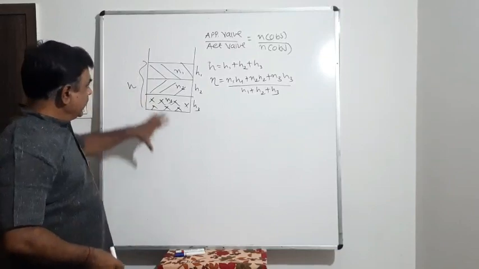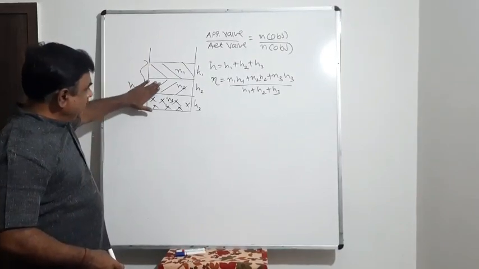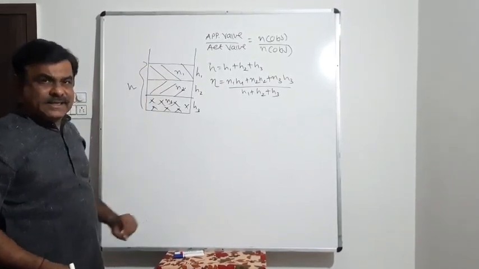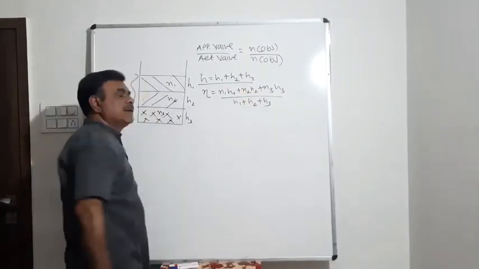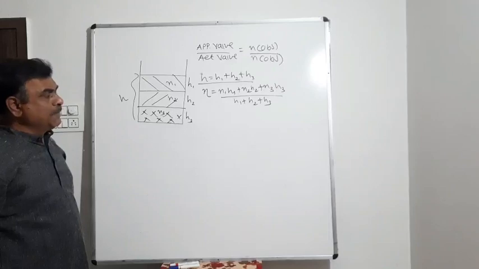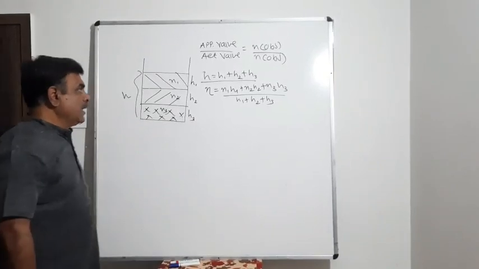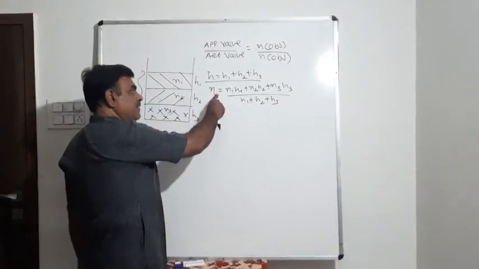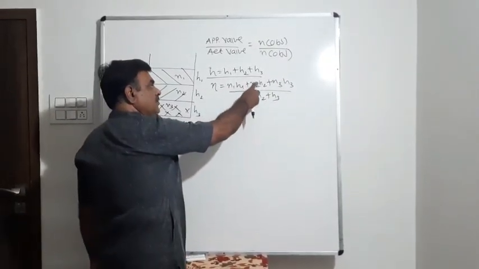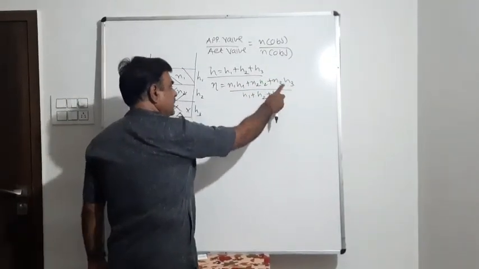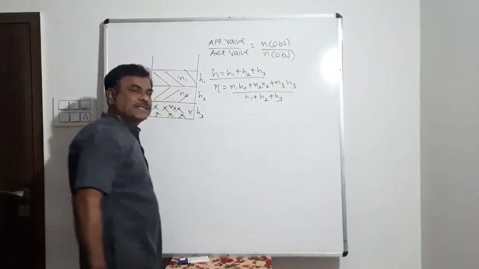Again I repeat, we have three different media and I want to treat them as a single medium. Then I can treat it as a single medium of depth h equal to h1 plus h2 plus h3 and a single medium of refractive index n equal to n1 h1 plus n2 h2 plus n3 h3 upon h1 plus h2 plus h3.